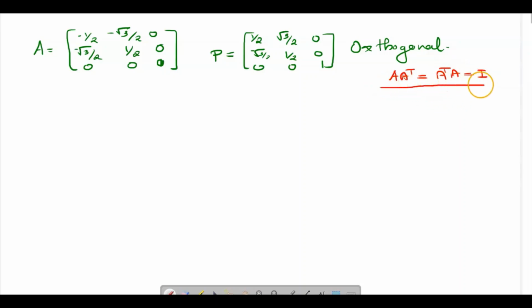So a square matrix satisfying A into A transpose equal to A transpose A equal to identity. These are the matrices which we call orthogonal matrices. And the property of orthogonal matrices is that their columns and rows form an orthonormal basis.